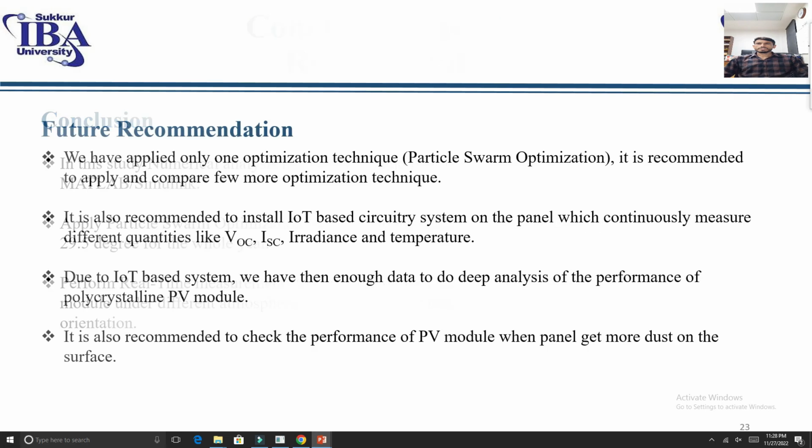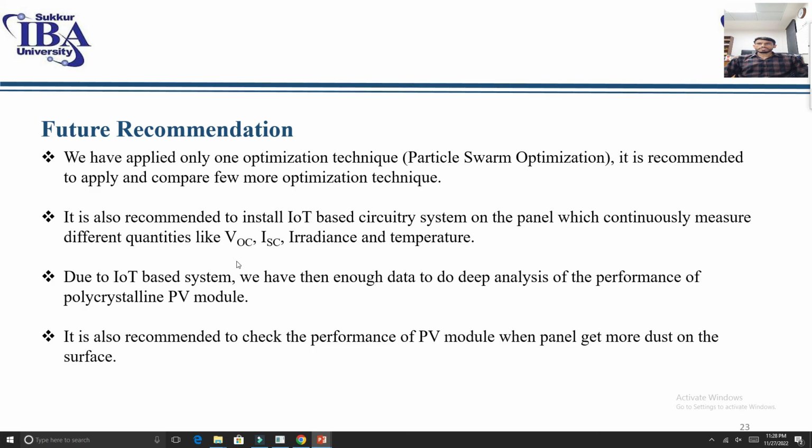What is the future recommendation of our study? We have applied only one optimization technique, particle swarm optimization. It is also recommended to apply a few more optimization techniques to see what happens. It is also recommended to install an IoT based circuitry system on the panel, which continuously measures different quantities like open circuit voltage, short circuit voltage, irradiance and temperature of the panels.